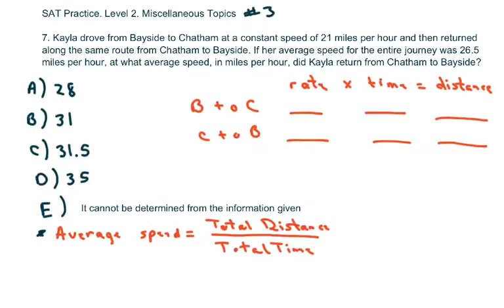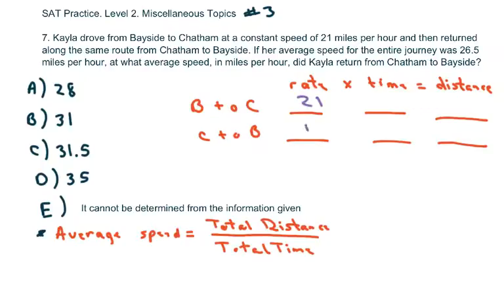So let's try to consider filling in the slots, knowing that you're given the rate for the trip from B to C, and you know that the distance going, which we call D, is the same distance returning. So call the rate from C back to B R. We know that this is 21.